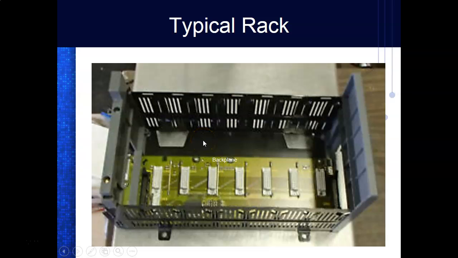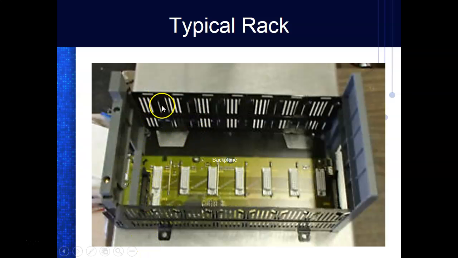The one we have is a 7-slot rack, even though we've only got 2. We got the CPU, an input card, a 16-bit input module and a 16-bit output module, and we'll talk about that.